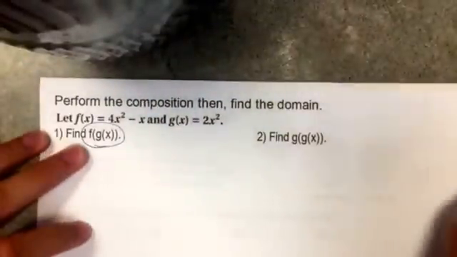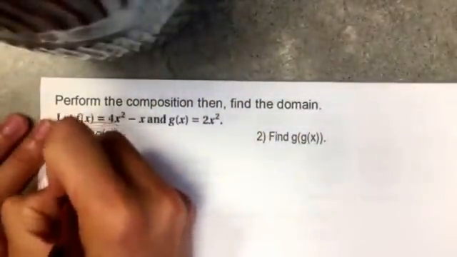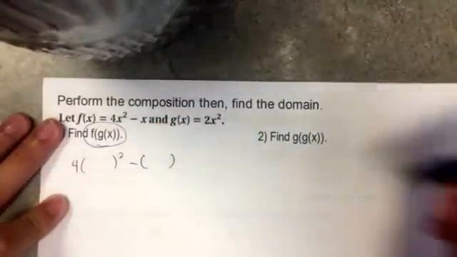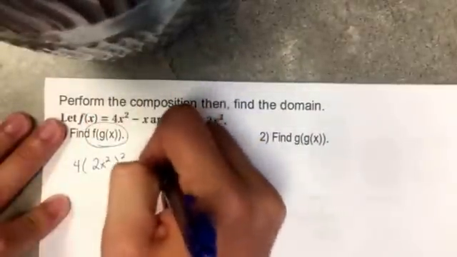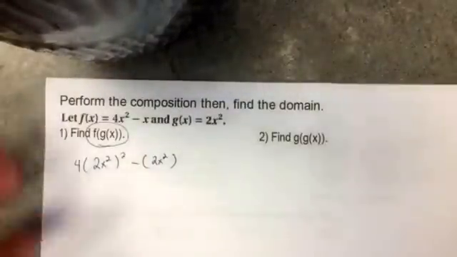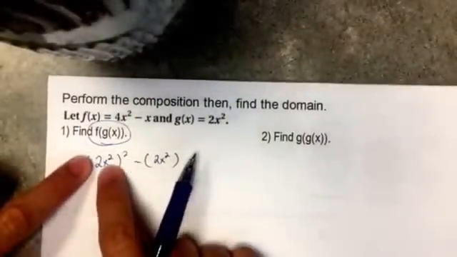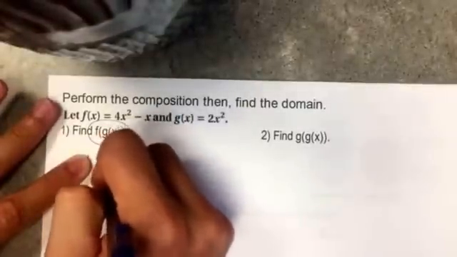So if we're doing f of g, that means we're taking the x's out of f. So 4 parentheses squared minus parentheses. And in each place, we're putting the g function, 2x squared and 2x squared. So how do I simplify this? If I square 2x squared, we get 4x to the fourth.